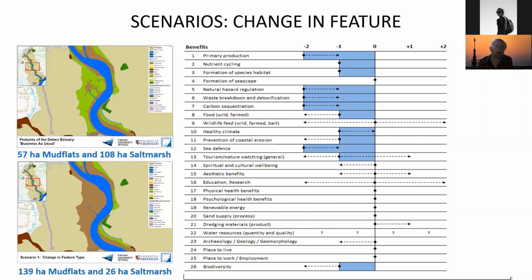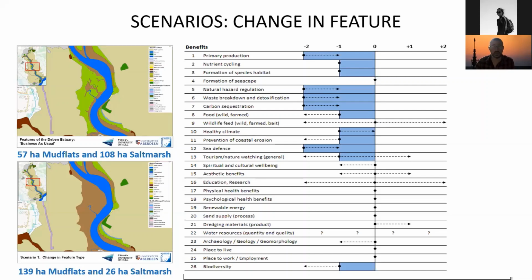This is really an inexact science that we're dealing with here, of how these benefits can change over a long period of time from some sort of driver, such as sea level rise. But from this picture, we can show that switching from this type of habitat or feature to another type of feature would result in a general negative change to those benefits.